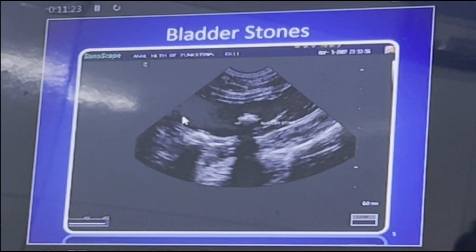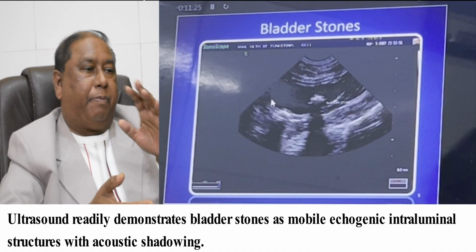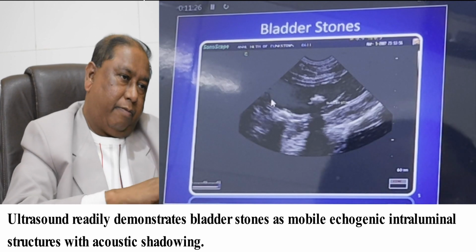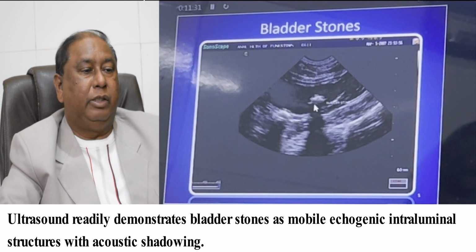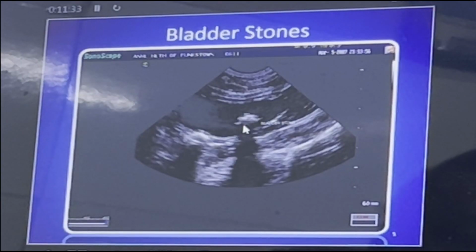It would be mobile. If you shift the patient rightward or leftward, the stone will also move. By this you can confirm it is a stone, and by this you can differentiate it from polyps and other pathology of the urinary bladder.